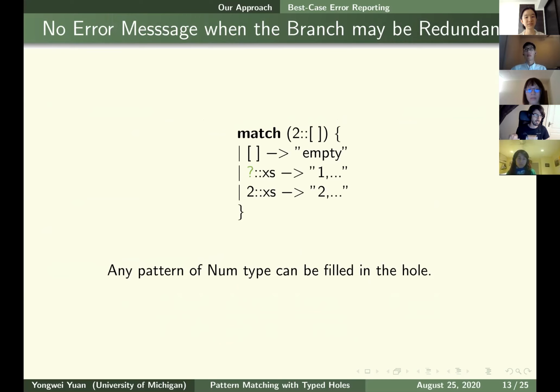And the second match has the single constructor of this type. Then there are two possibilities for the hole. Either it's a variable or it's also the unit constructor. But in either case, the second case would be redundant. Is this something you can detect as well?